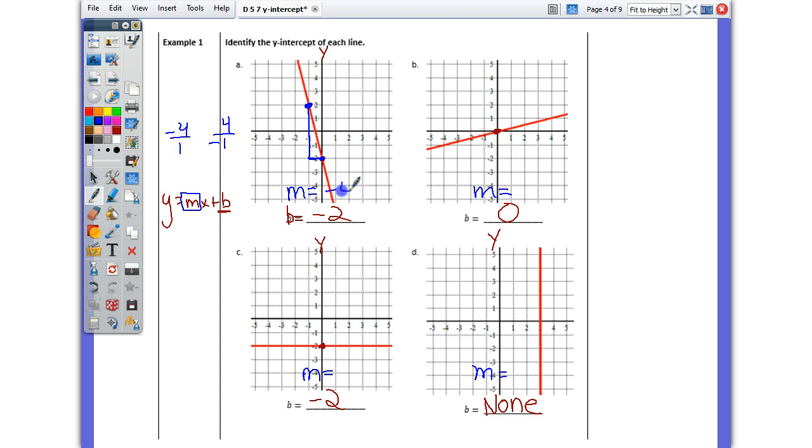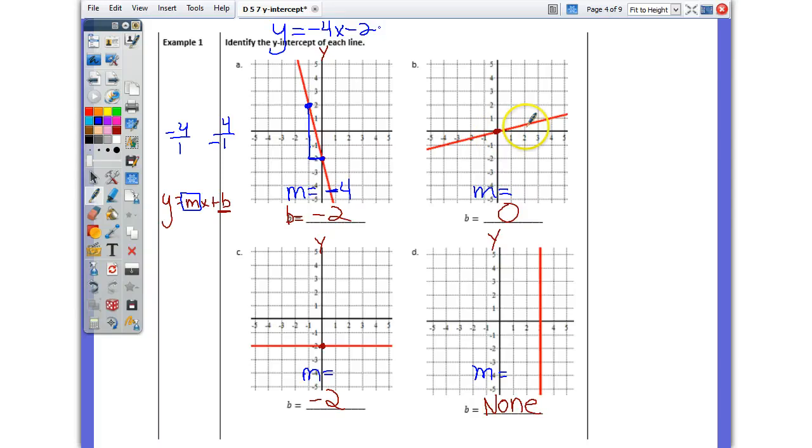So the slope is -4. I could write my equation for that line then. It would be y equals a what? What x? Y equals -4x and a -2. Because a plus a -2 turns into just a -2, right? So I put that in, and that's the equation of that line.